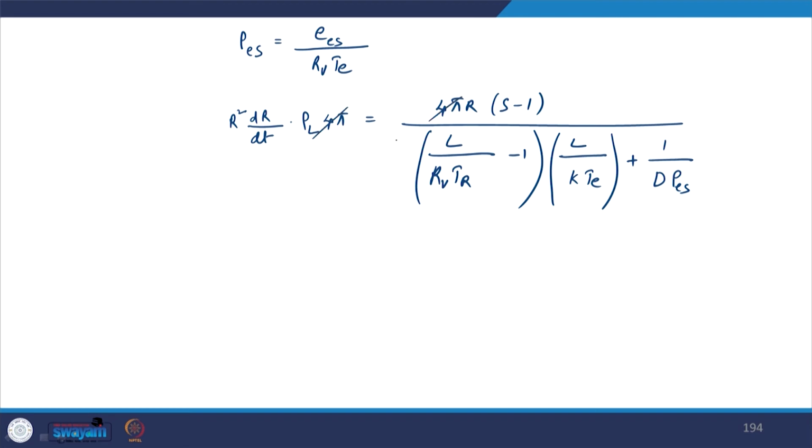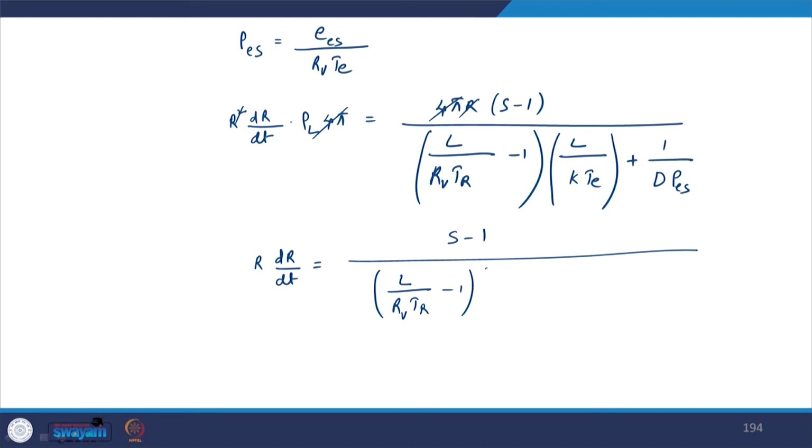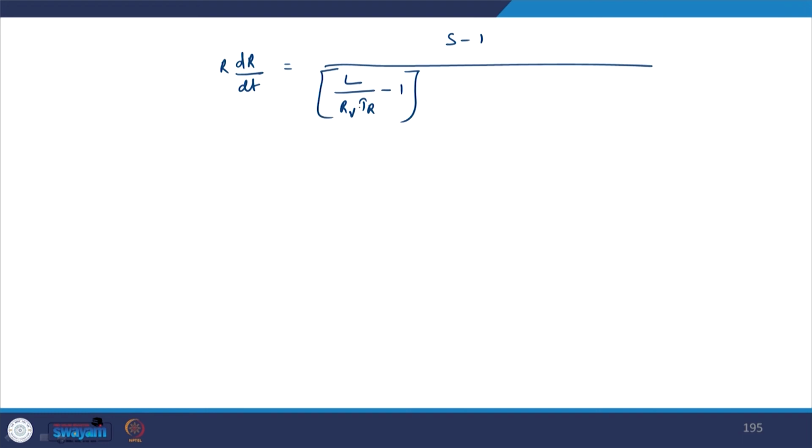If you cancel this, you will simply be able to write R dr by dt is S minus 1 to L by RVTR minus 1 to L rho L divided by K T plus rho L RV T, or we can write it as R dr by dt is equals to S minus 1 divided by L by RVTR minus 1 L rho L divided by K T plus rho L RV T over D ES.